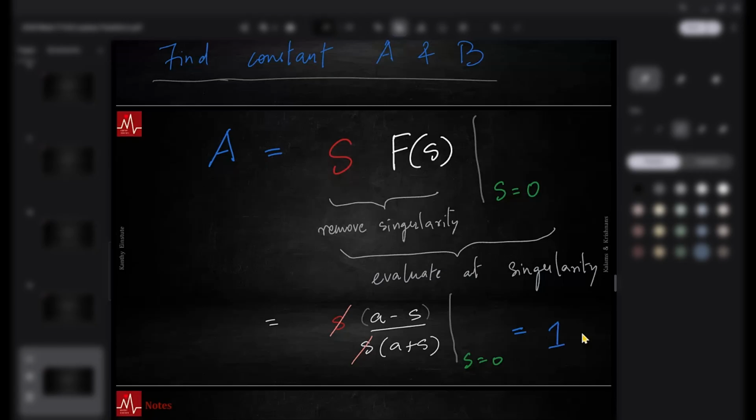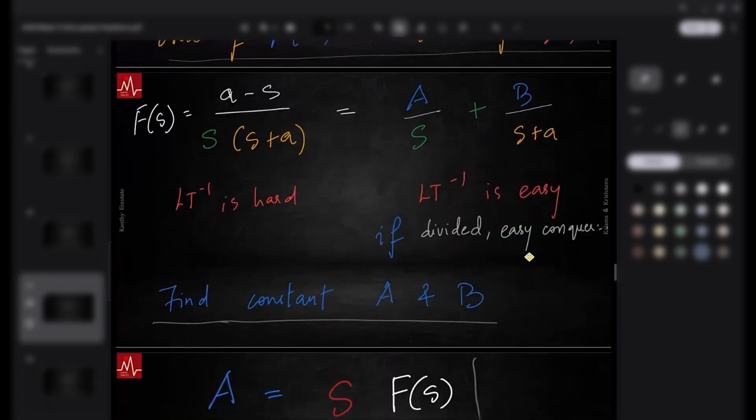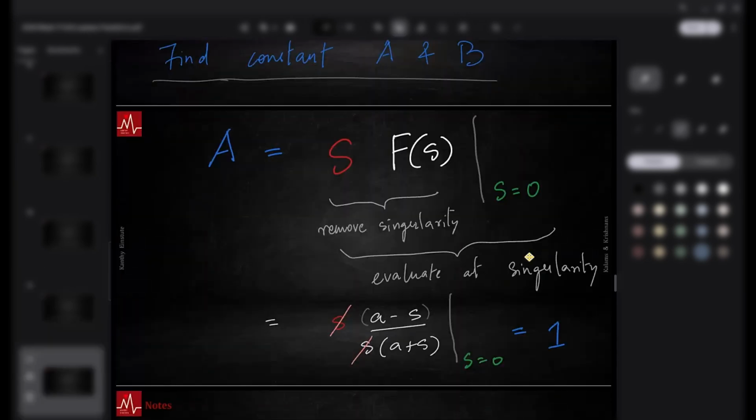You got your first coefficient. Great. Same thing: remove singularity, evaluate at singularity. In Taylor series also we did the same thing.